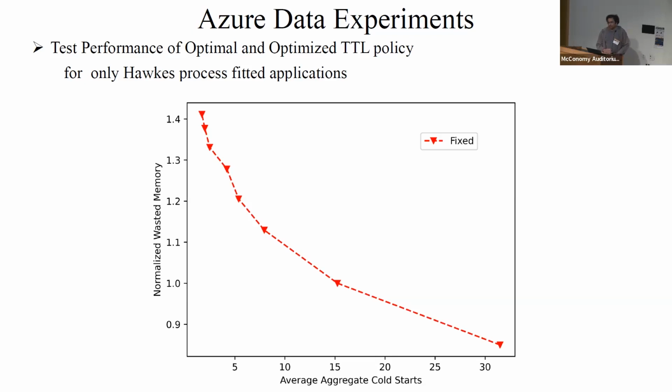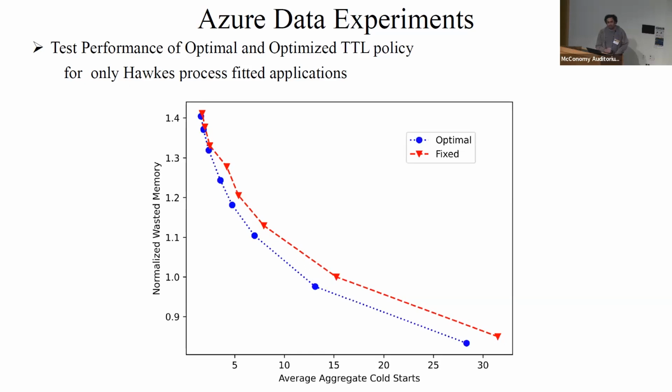One thing you notice in this trade-off curve is that as you increase the length of the fixed keep-alive window, you're decreasing the average number of cold starts. And as the average number of cold starts decreases, you're increasing your wasted memory. So this is in fact the trade-off that was talked about in the introduction. Here is a plot of the optimal keep-alive policy.